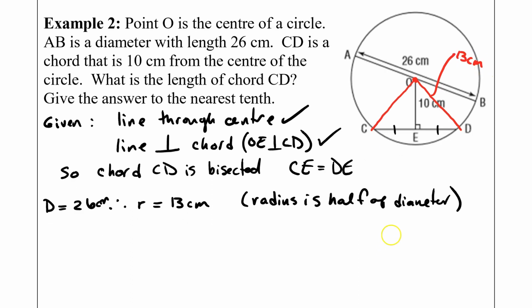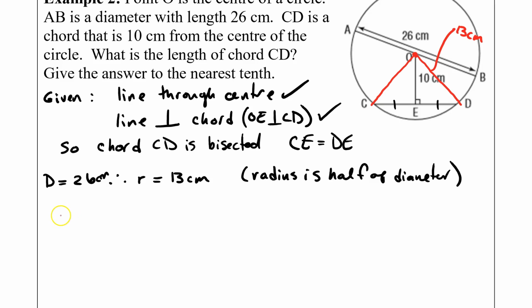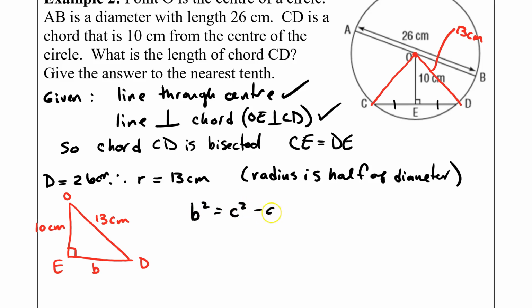So I'm just going to redraw that triangle that we have here. E, D, O, this one. I know that this one right here is 13 centimeters. I know that this one is 10 centimeters. I can use the Pythagorean theorem to find it out. So I'm going to call this B. Since we know the radius, we're going to use subtraction: B squared equals C squared minus A squared.